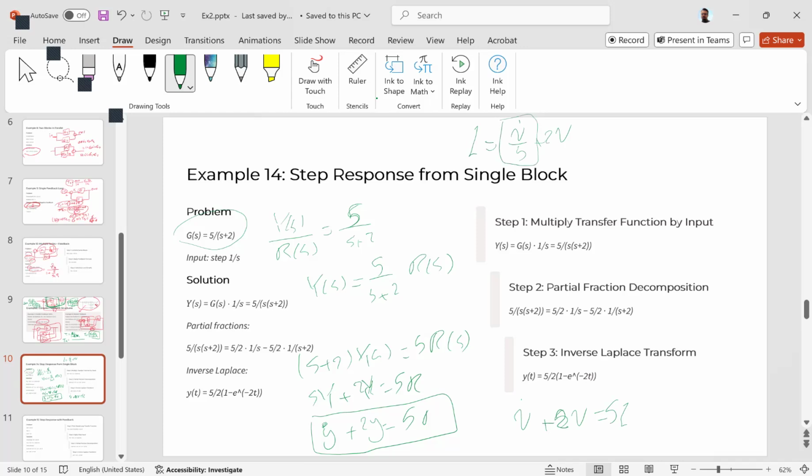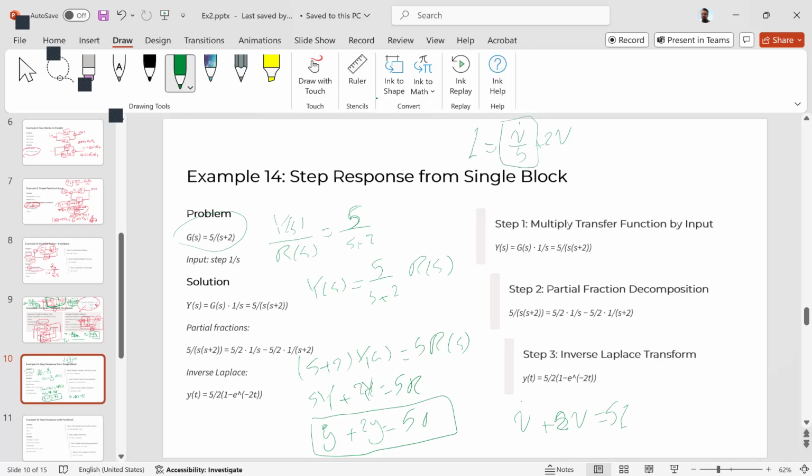Focus on this term. What type of electrical component connects the current to the first derivative of the voltage? Current to the derivative of the voltage is going to be a capacitor.